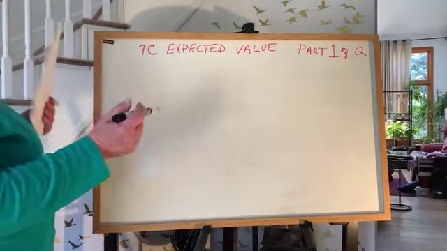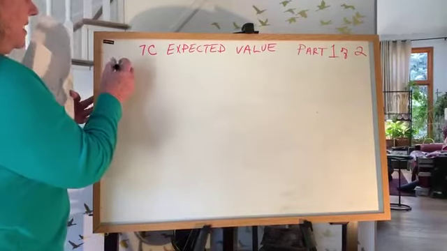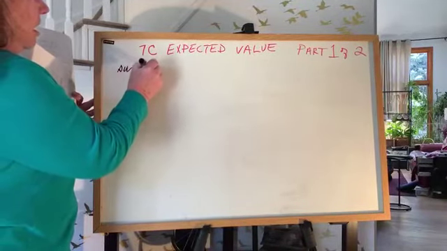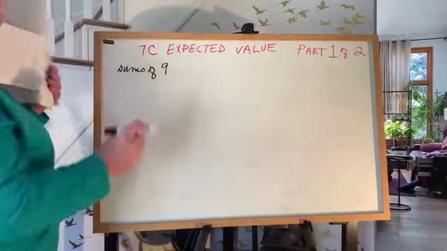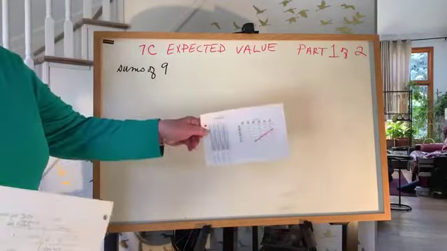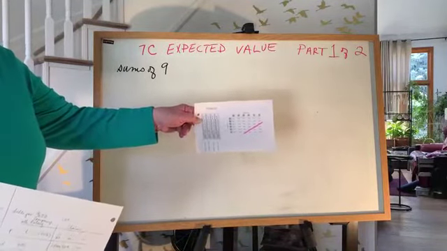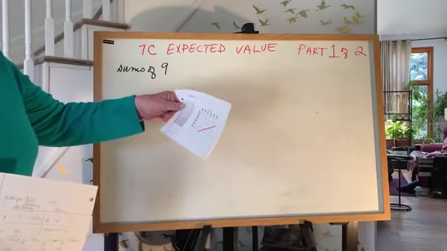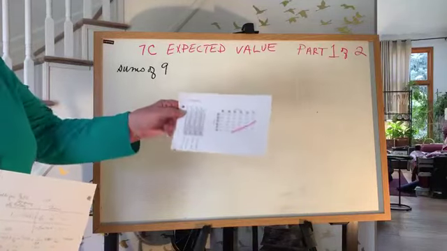Okay? So I want to know how many sums of 9 there are in one roll of 2 dice. So you should be looking at your dice chart. You see I've highlighted it in pink. That's where the sum is 9, and there's 4 of them.